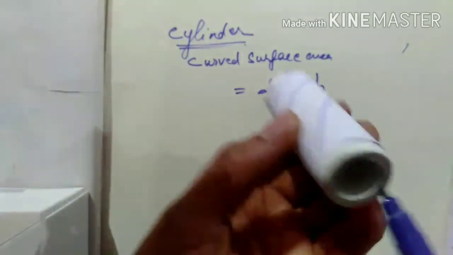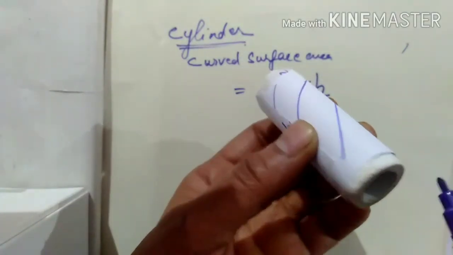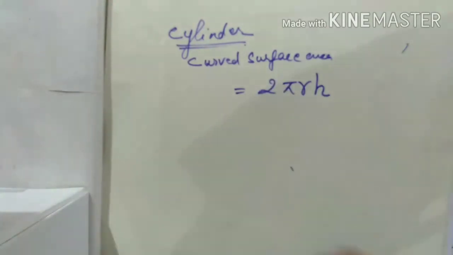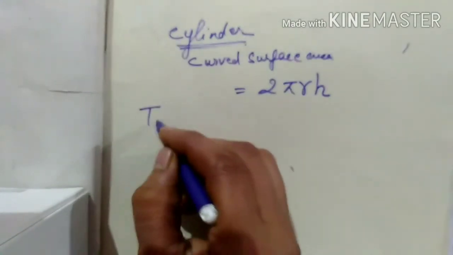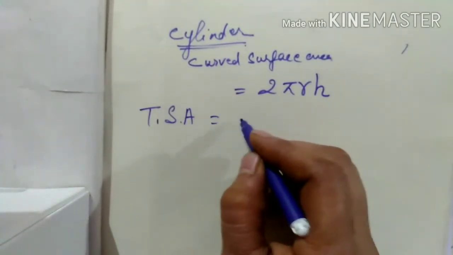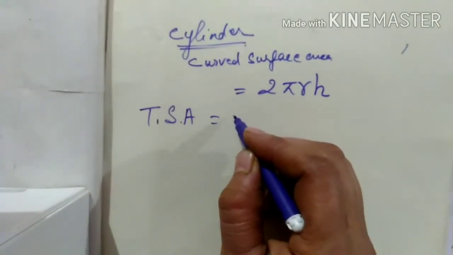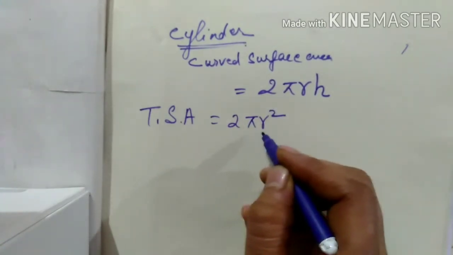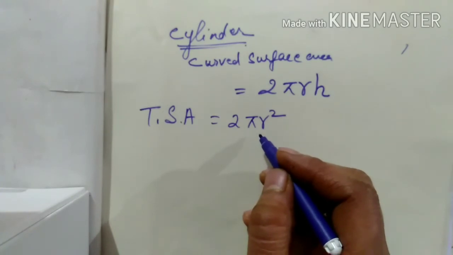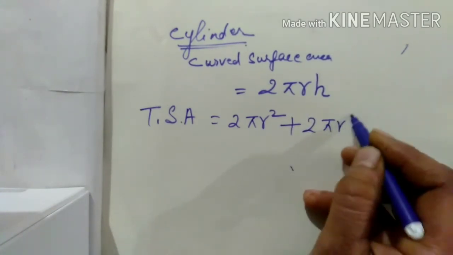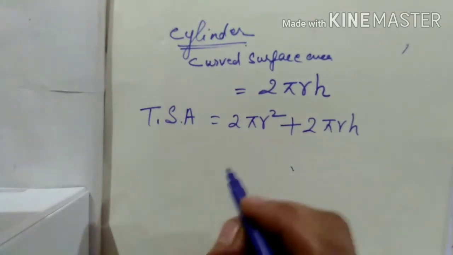Because each circular face has the same area, 2 times this area is added, so the total surface area is given by 2 times pi r square, where pi r square is the area of a circle, plus 2 pi r h, the area of the curved part.